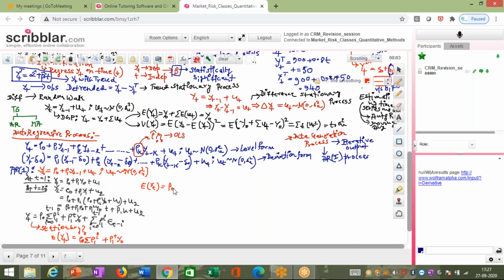You have rho 0 outside, and inside 1 plus rho 1 plus rho 1 square. So these are all the cumulative impacts. Like this, if you go ahead with it, it becomes rho 1 to the power of k.